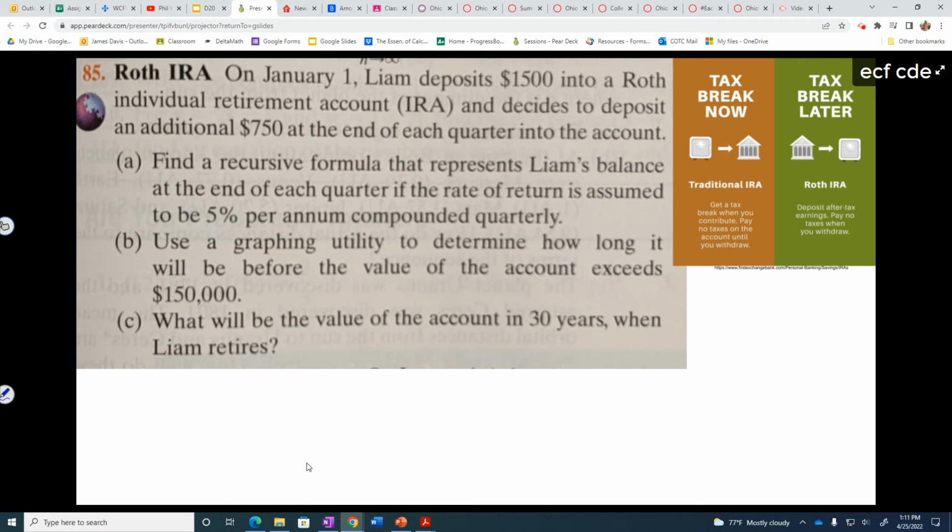But then when you retire and you take it out, you have to pay taxes on it. So you're deferring the taxes till later. With a Roth IRA, you've already taken the taxes out of it, and then you put it in your retirement account. And then when you take it out when you're older, you don't have to pay taxes on it. So either one is fine. It's just whether you want to pay the taxes now or later.